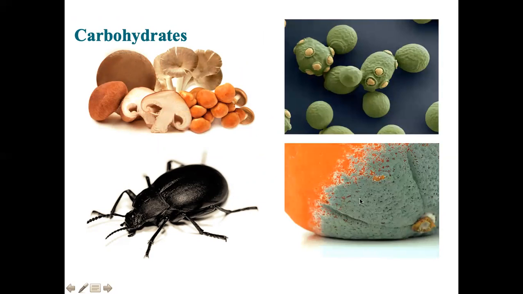All three of these have a thick cell wall made of polysaccharides, and the exoskeletons of insects and plants also have polysaccharide cell walls. These are actually all made of a polysaccharide called chitin. So the same cell wall that makes up all these fungi also makes the hard shell of insects. I thought it was kind of interesting.